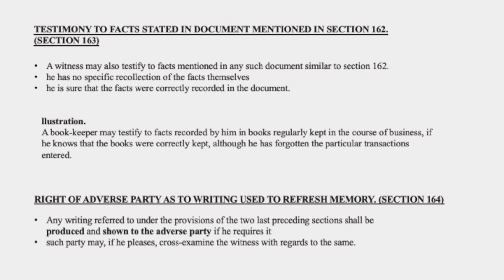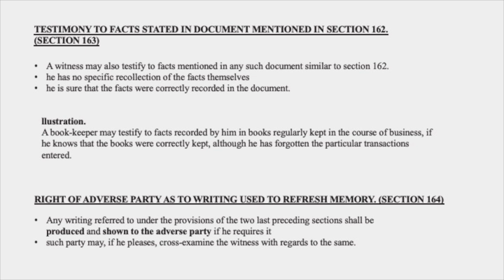For instance, let's say a bookkeeper has to testify with regard to some records maintained by him in the books. However, he doesn't have the recollection of the same, but he knows that the records in the books are maintained properly, so the same can be given as evidence.